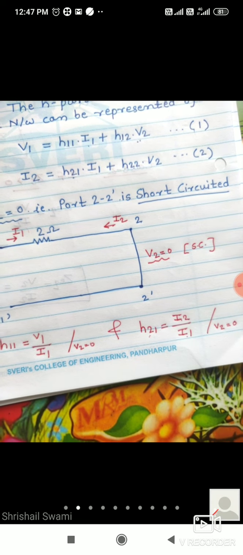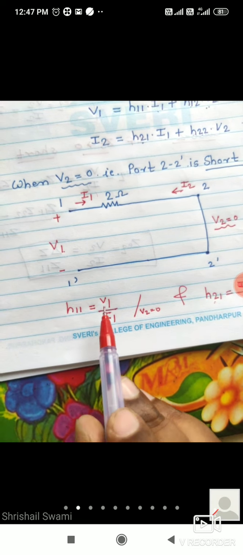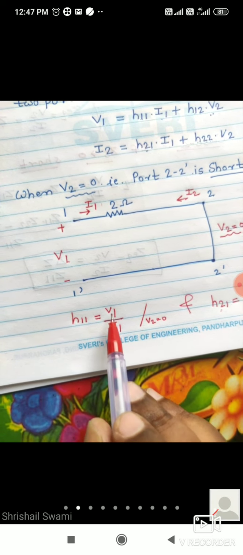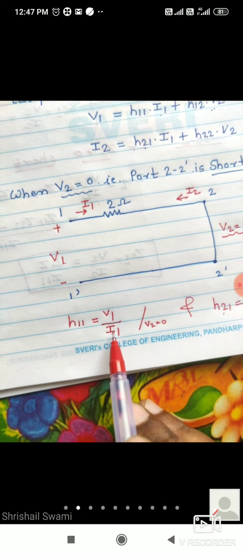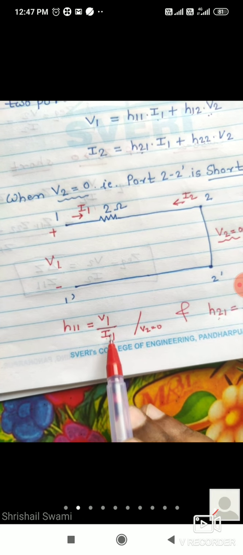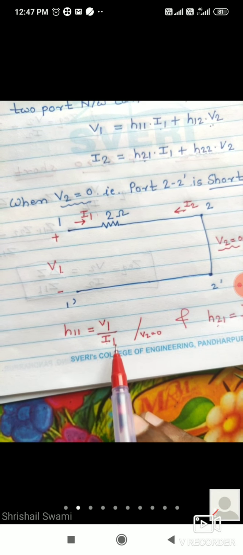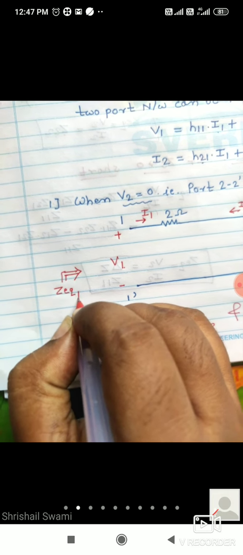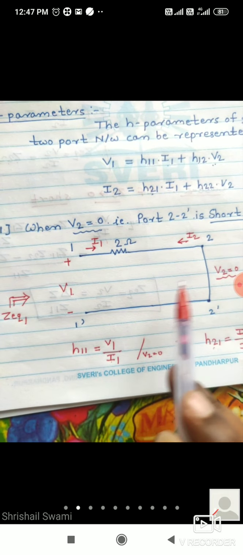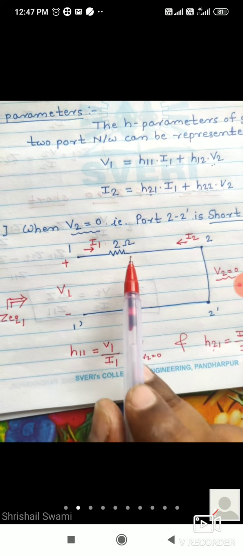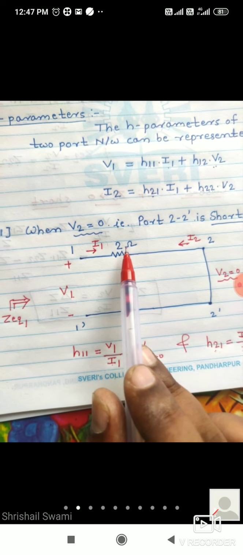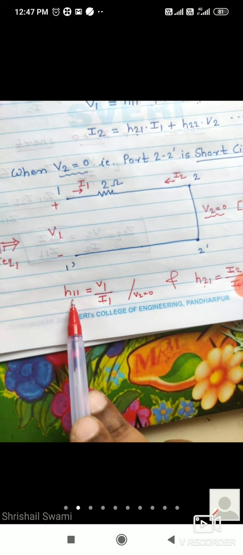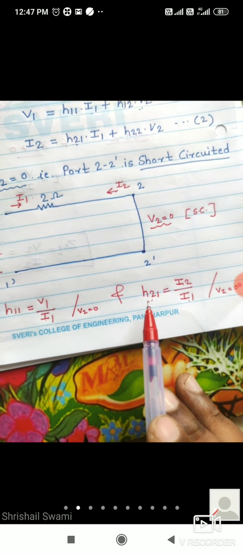Directly you can get it. Understood. Next, V1 upon I1: whenever it is V upon I of the same port, we have to find Z equivalent 1. So observe the Z equivalent 1 from this side and measure from the opposite side. It is only 2 ohm. So 2 ohm is the answer of H11 and the answer of H21 is minus 1.